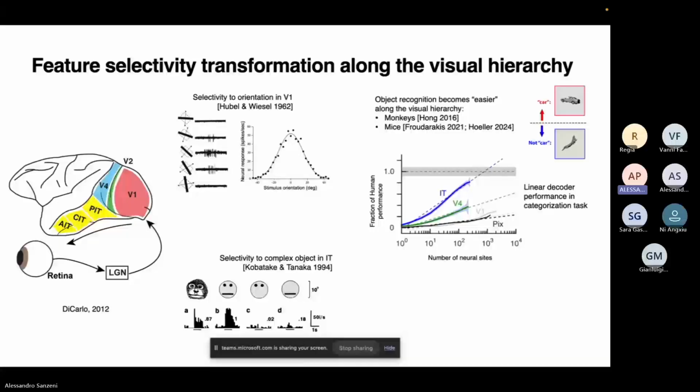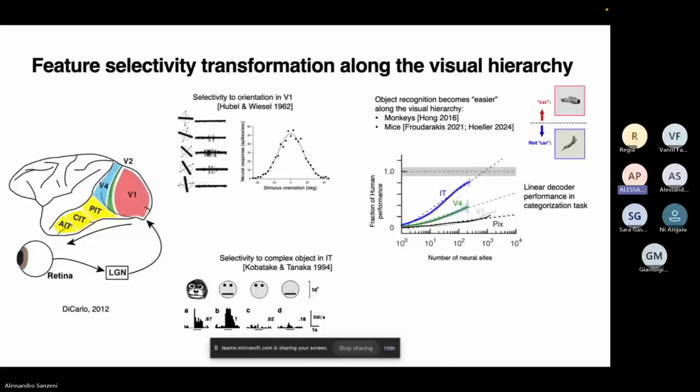For instance, these experiments show that by looking at neural activity only in one of these areas, you can perform invariant object recognition, and this task becomes easier if you look at activity in areas higher along the hierarchy than in V1.